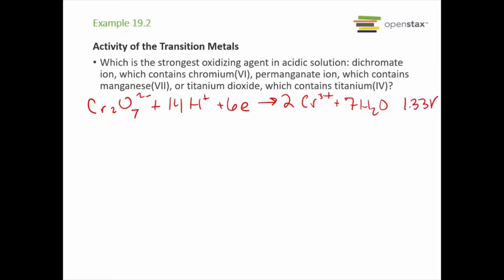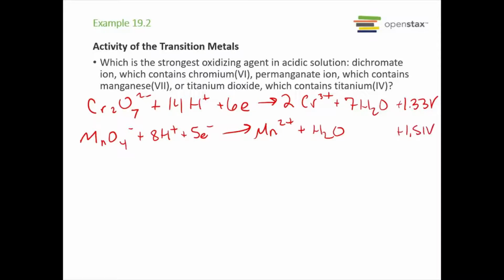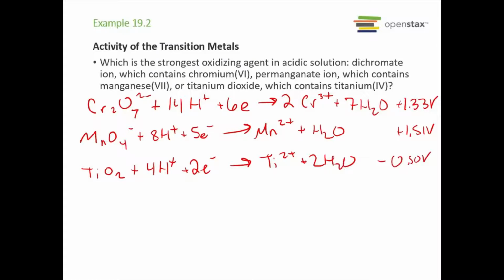For permanganate, we have MnO4- + 8H+ + 5e- going to Mn2+ + 4H2O, and this is positive 1.51 volts. And for titanium dioxide, we have TiO2 + 4H+ + 2e- gives Ti2+ + 2H2O, and this is negative 0.50 volts.